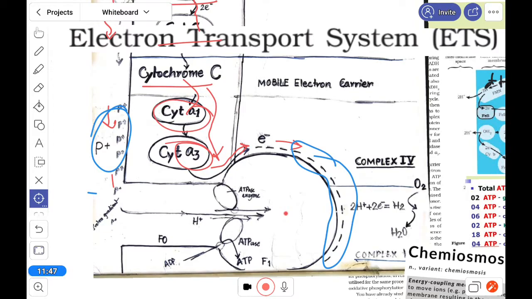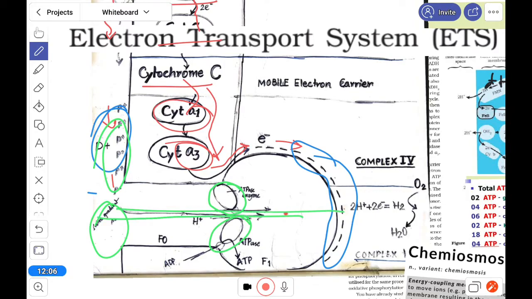So if you can see this proton, when it is accumulated here, and here the ATPase enzyme, which is called the coupling factor. This huge proton storm will be there, and here the electron is there.